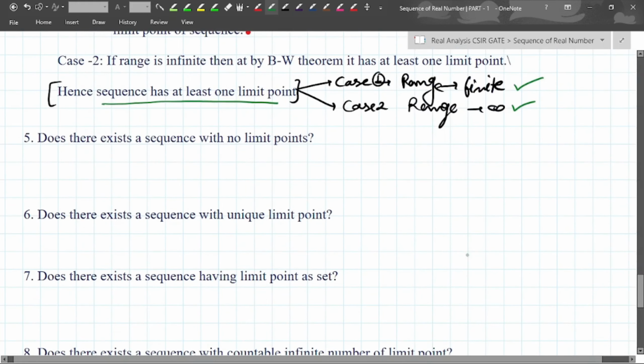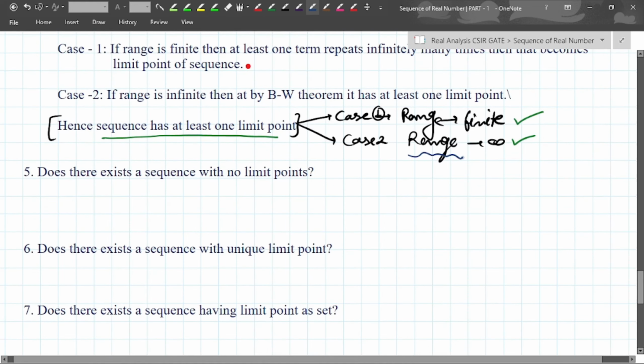Now we will discuss some questions. Does there exist a sequence with no limit point? We have discussed that a sequence has at least one limit point by the Bolzano-Weierstrass theorem. Now the question is, does there exist a sequence which has no limit point?